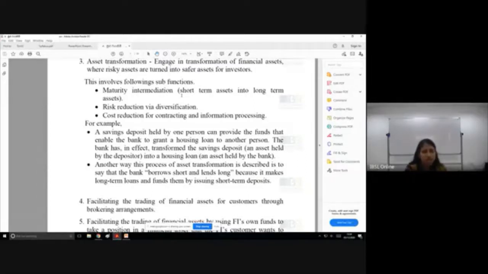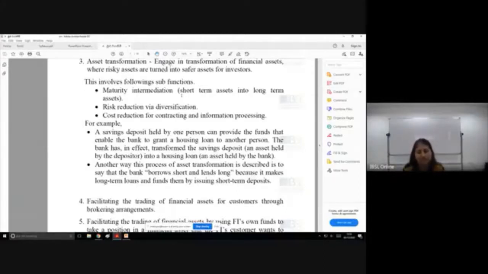Look here, you put 1,000 each month, or you put a small amount here as your savings account, and they will transform that safer asset of yours into a risky asset, or maybe a long-term asset that you might not be interested in investing in directly. Okay, so that example is here.